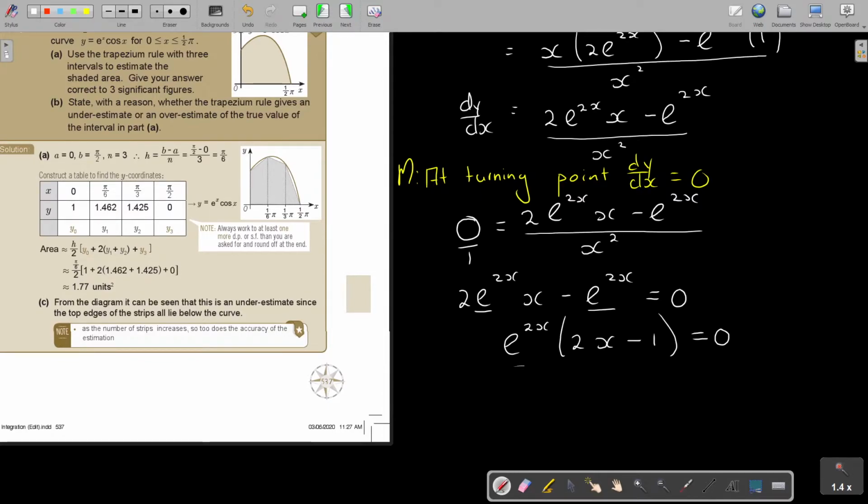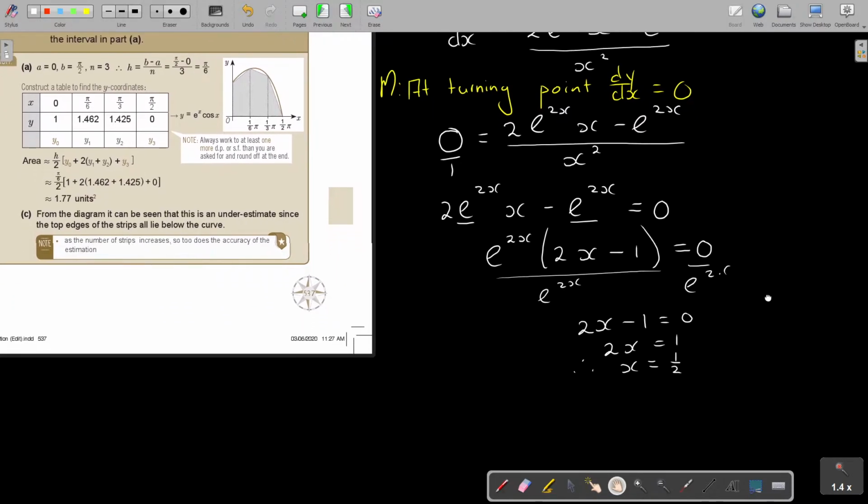And now I divide by e^2x, so 2x minus 1 equals 0, so 2x equals 1, therefore x is equal to a half. But remember, that's just the x value.